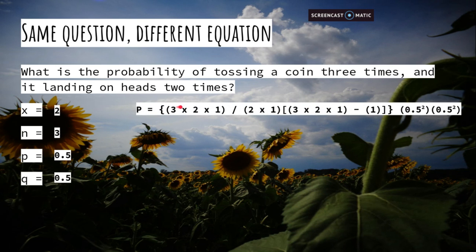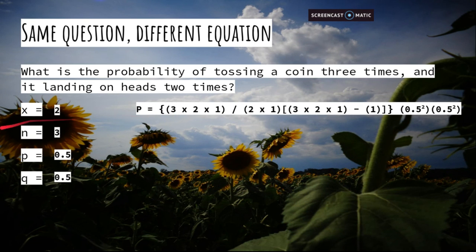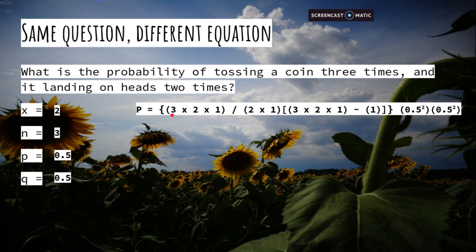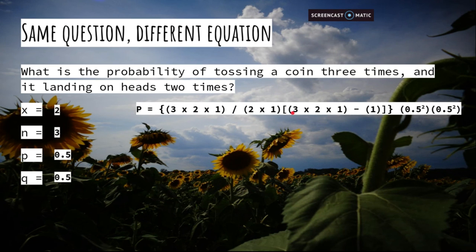So now we plug in the numbers. So we had n factorial, which is 3 times 2 times 1, divided by x factorial, 2 times 1. And remember, if you don't understand what factorial means, please rewind the video and go back to that slide.